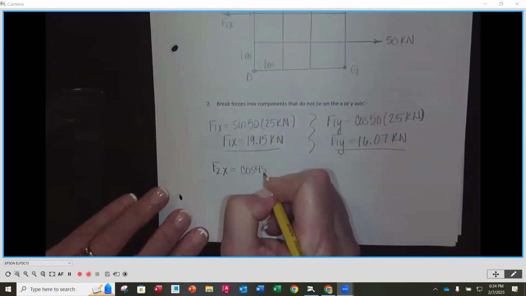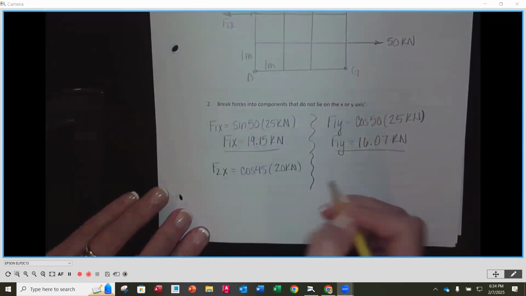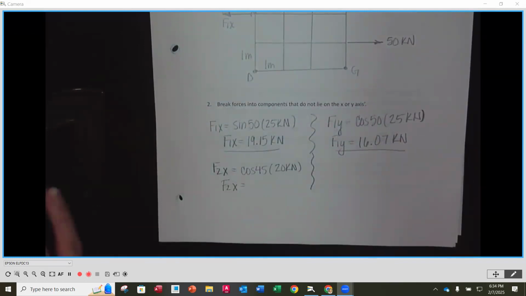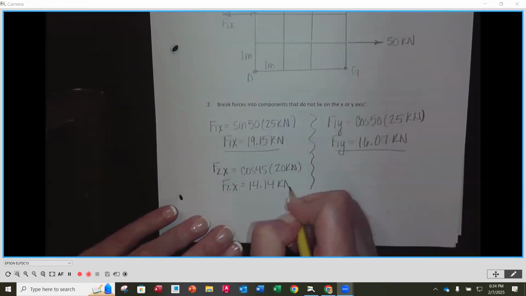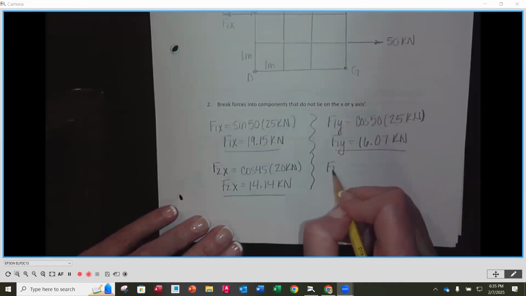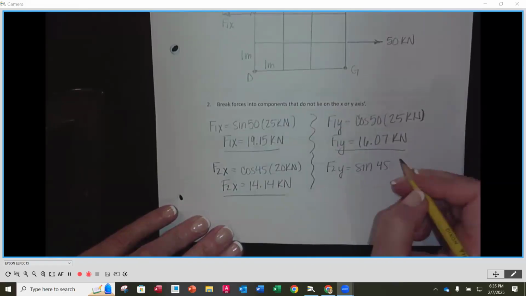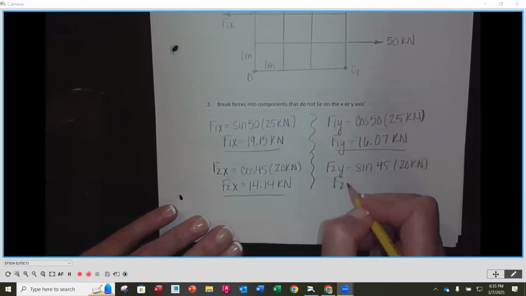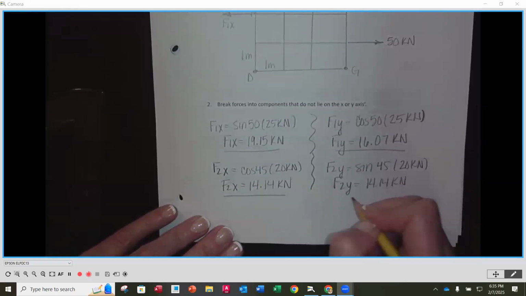So cosine 45 times 20 kilonewtons is going to be 14.14 kilonewtons. And then F2Y is going to be sine of 45, which is the same as the cosine of 45. Again, writing everything out, and that's going to be 14.14 kilonewtons as well.